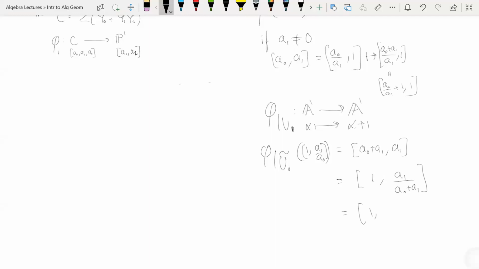So this I can write as A0 plus A1 over A0 plus A1 minus A0 over, that doesn't help. I want to write it in terms of A1 over A0.